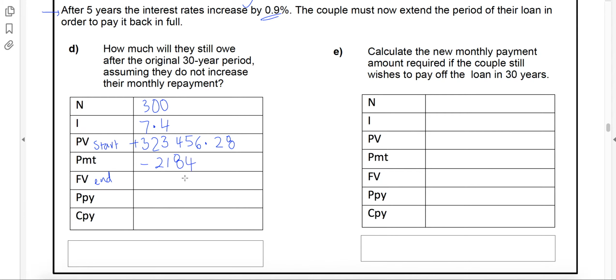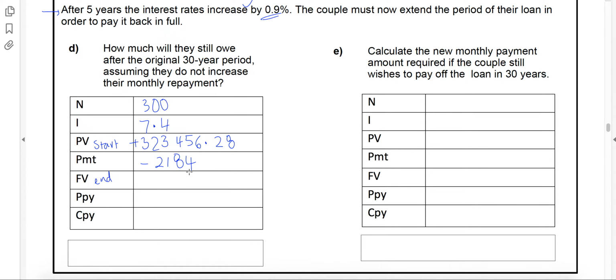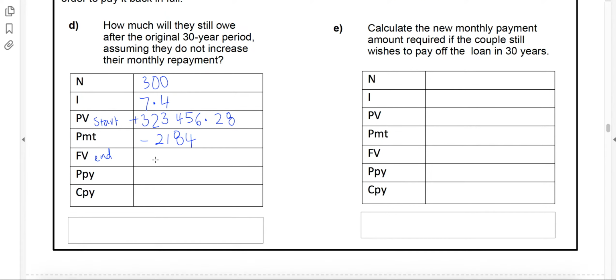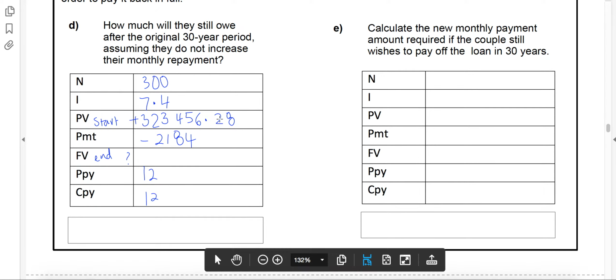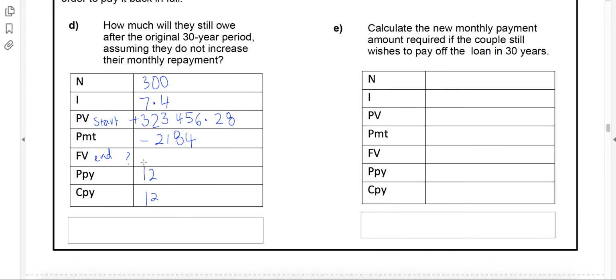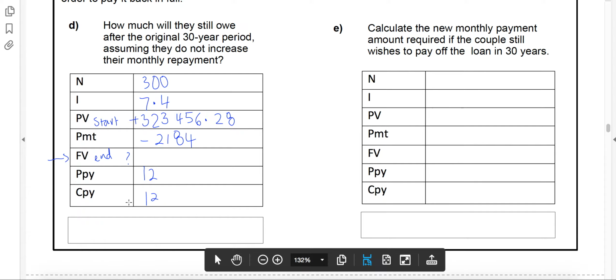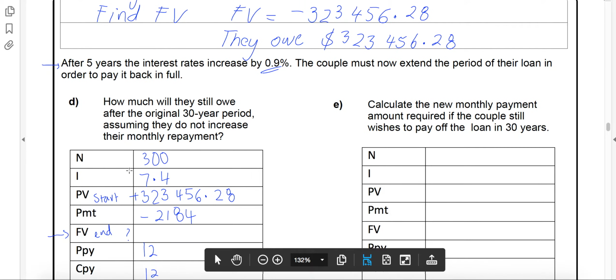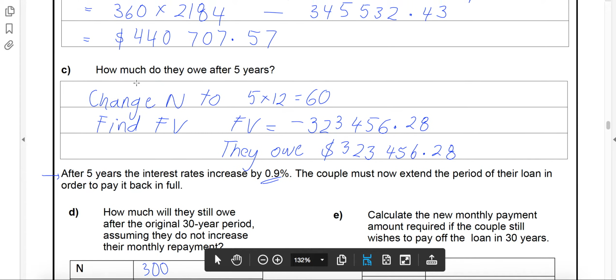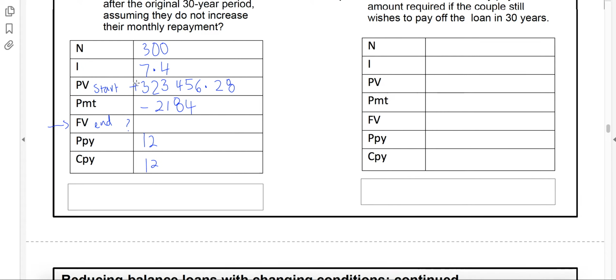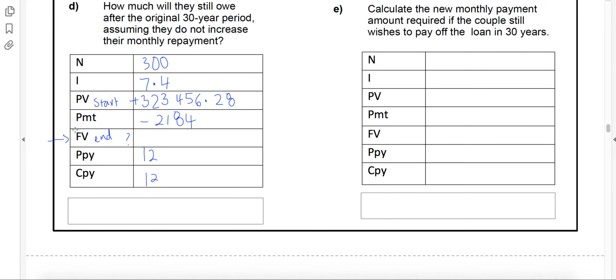This will all still be in your calculator, most of it. And we've got down here what we're finding, what they owe after that point. So 12 and 12. Now, this value here, this was probably in your FV. So it was sitting down here because we just found it for this previous question. Now, what I find much easier is actually just copying.